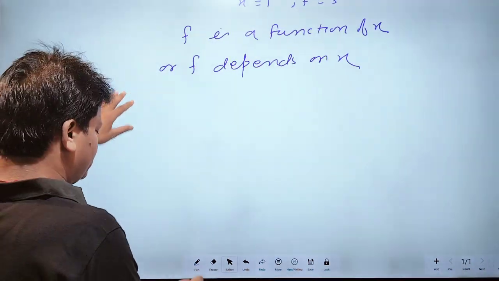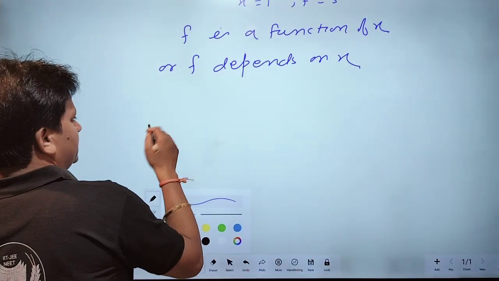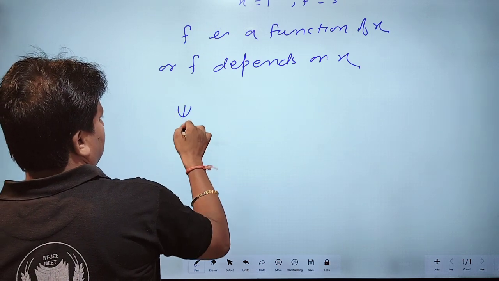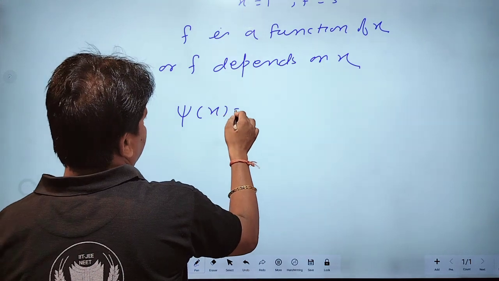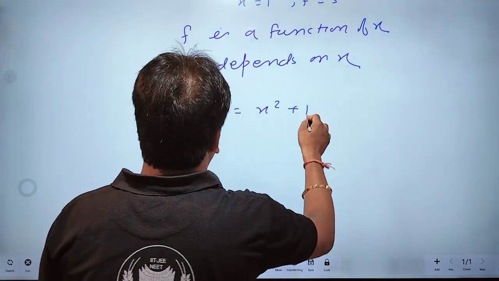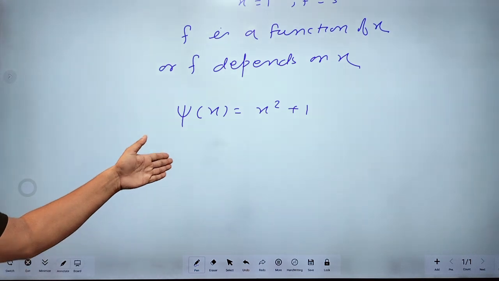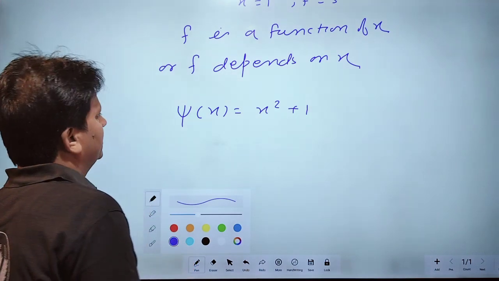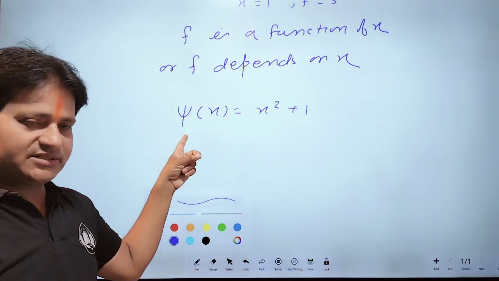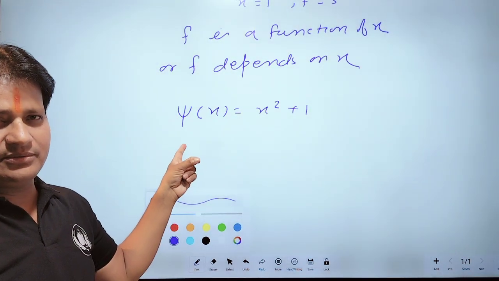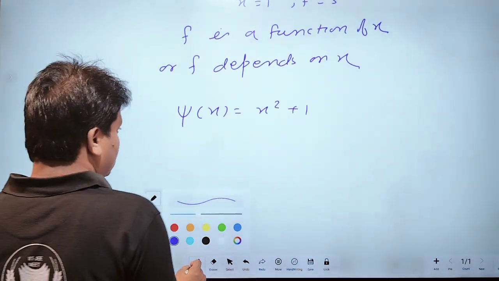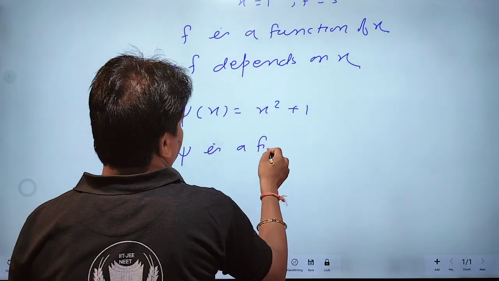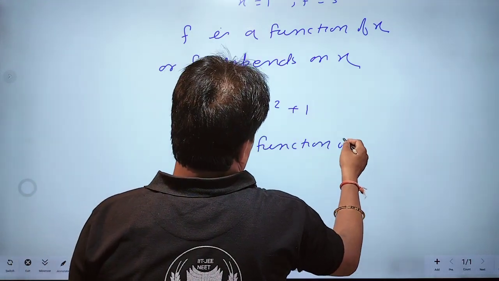Now I am going to take another example. Say psi(x) is equal to x square plus 1. Psi is just a symbol like f. It can be psi, phi, f, etc. Here psi is a function of x.